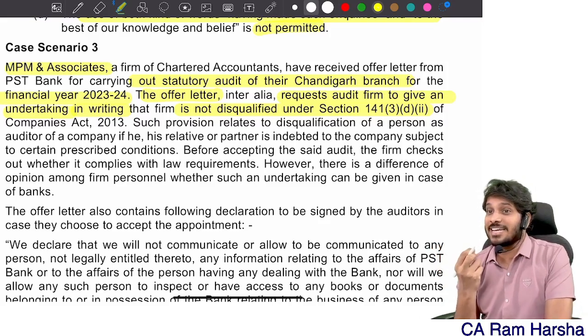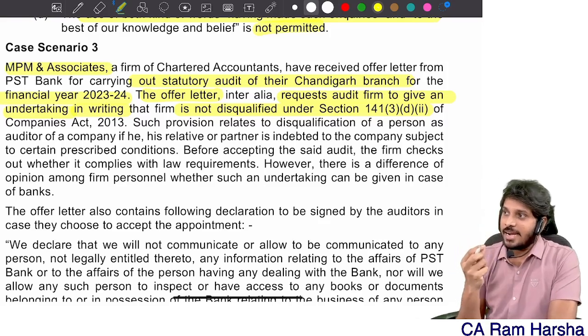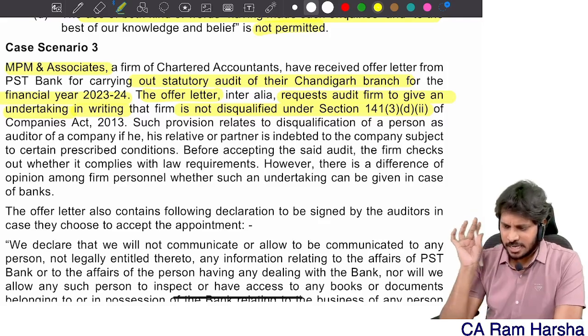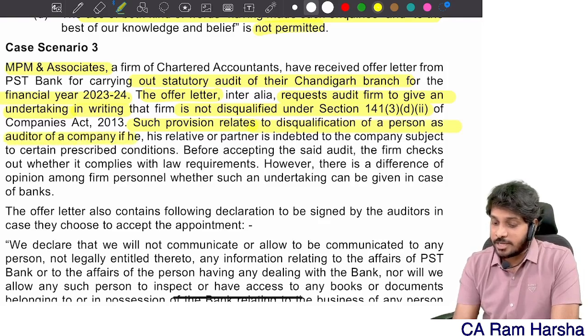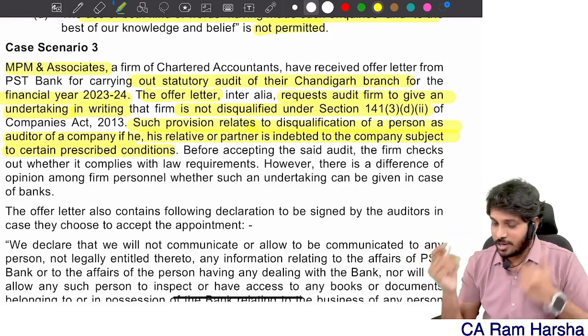The auditor has to give a declaration of indebtedness, that he is not indebted for more than 5 lakh. That's mandatory under the Companies Act, which the bank is asking. Such a provision relates to disqualification of a person as an auditor if he or a relative is indebted to the company, subject to certain prescribed limits.